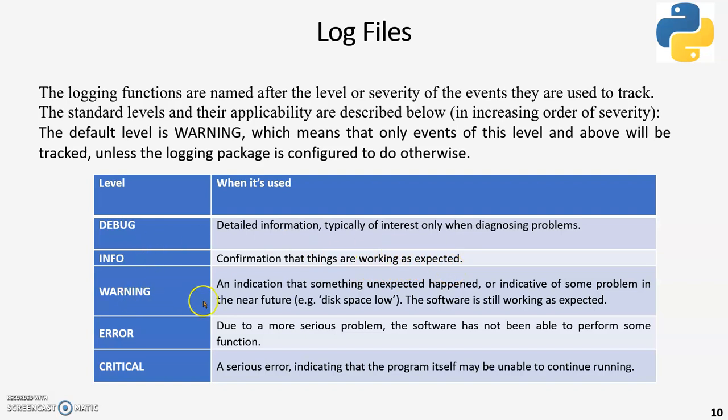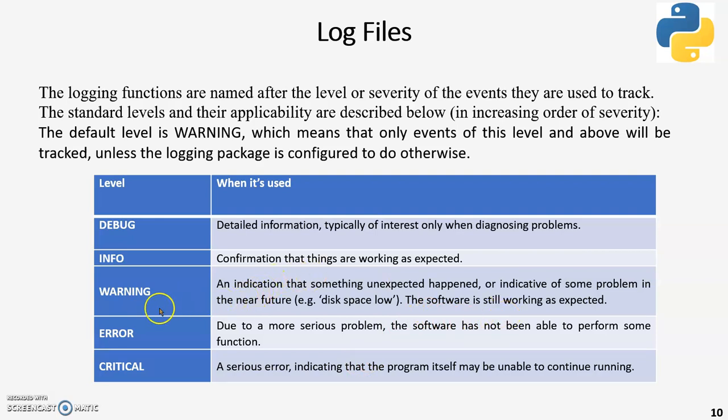Warning is used as an indication that something unexpected happened, or is indicative of some problem in the near future, such as the disk space being low. The software is still working as expected.